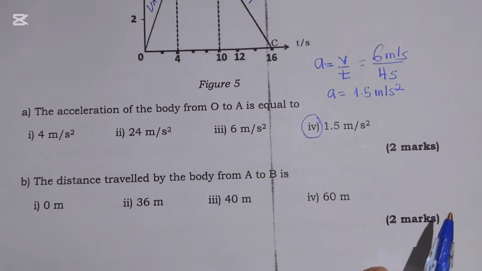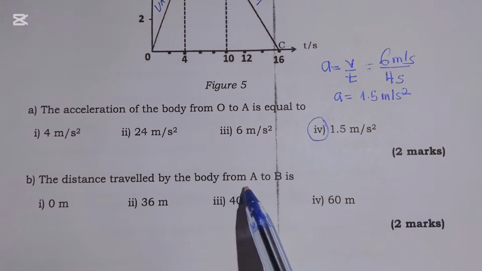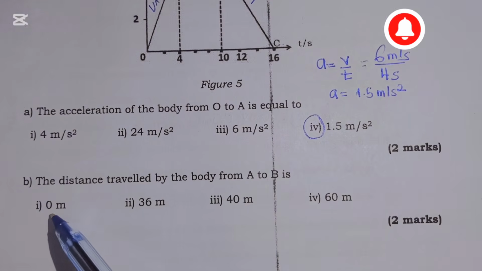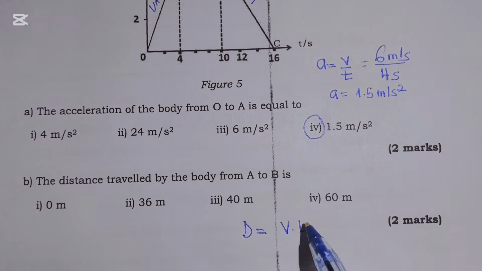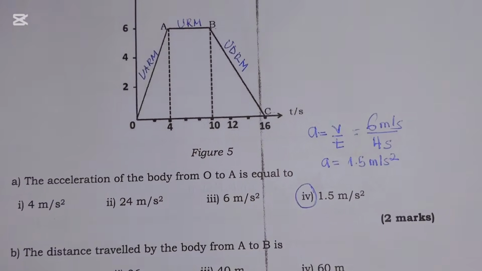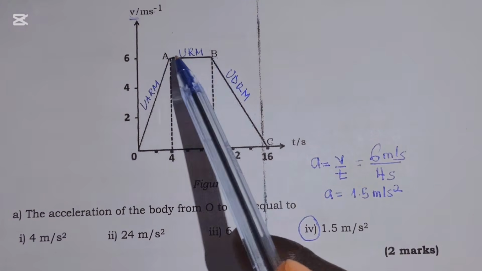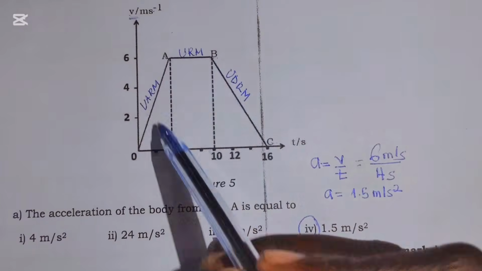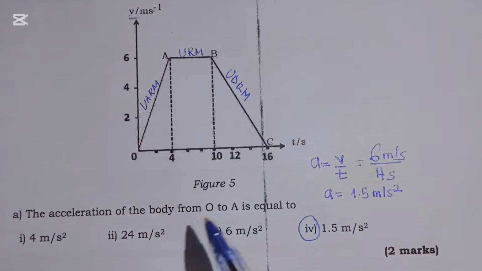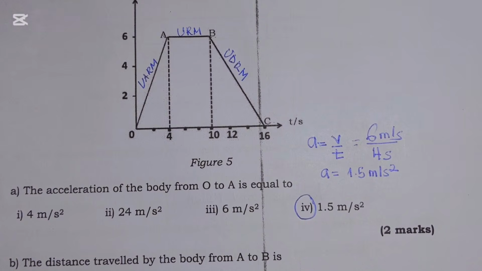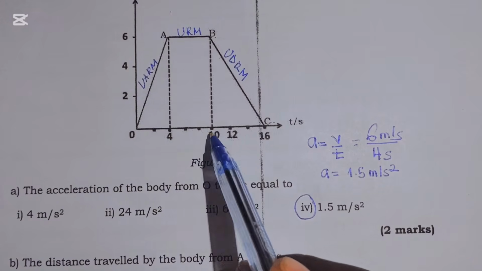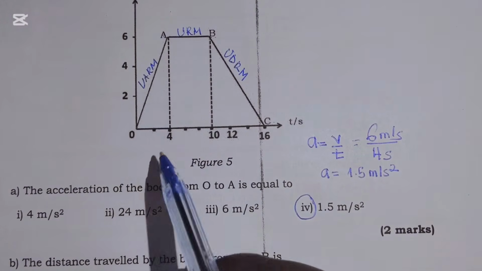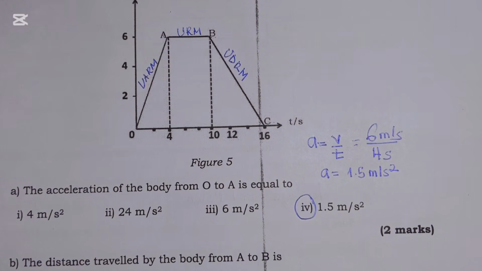Here, the distance traveled by the body from A to B is asked. Distance is equal to velocity times time. From A to B, acceleration is 0, and I have to find the change in time. The time occupied is between 4 and 10, so 10 minus 4 is 6 seconds.